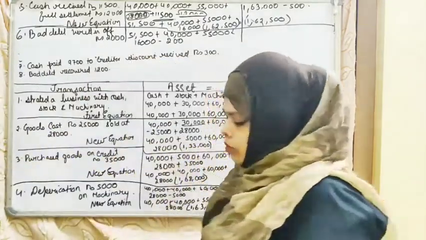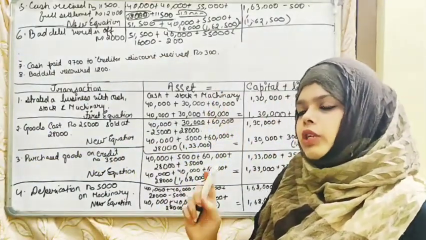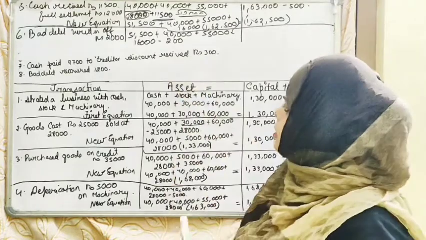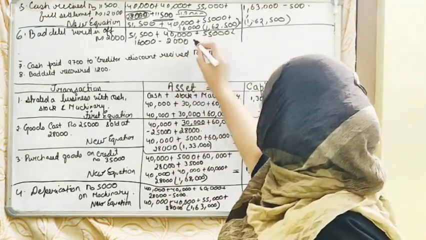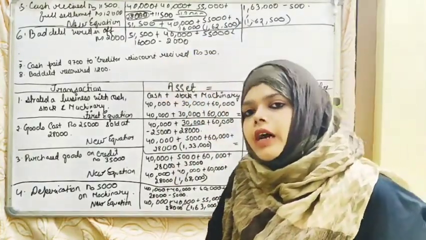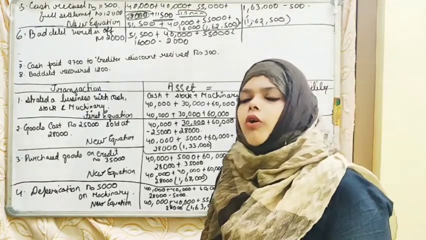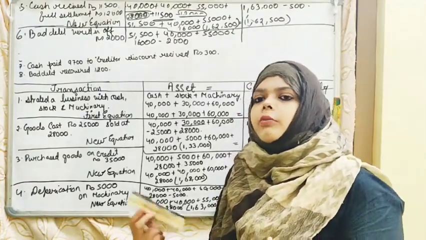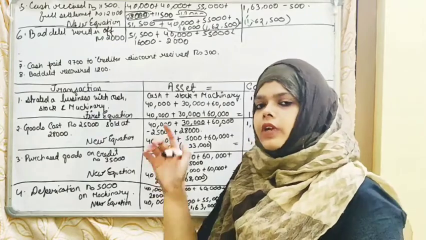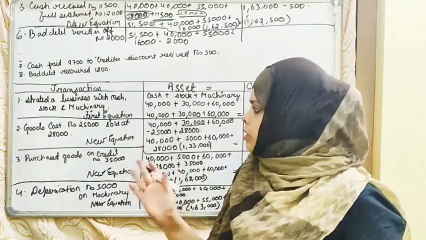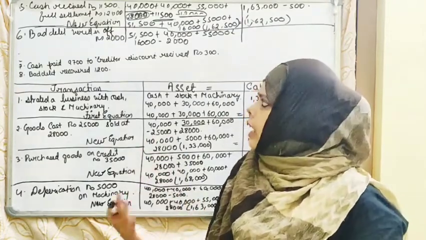Okay. So this 2,000, how will it be subtracted? It will be subtracted from the stock, because we have a business of buying and selling of goods. We see the transactions and came to know that the business consists of buying and selling of goods.